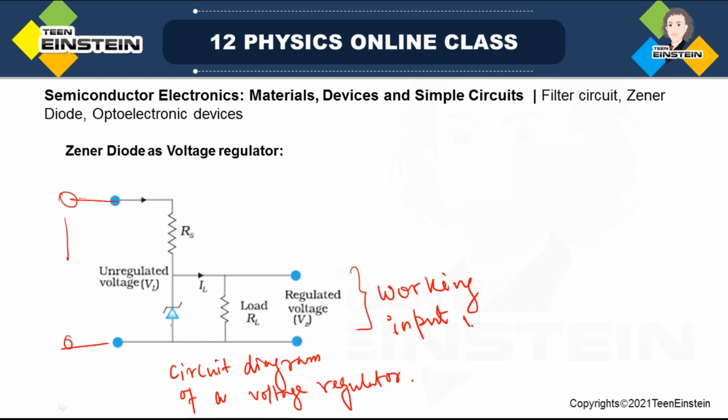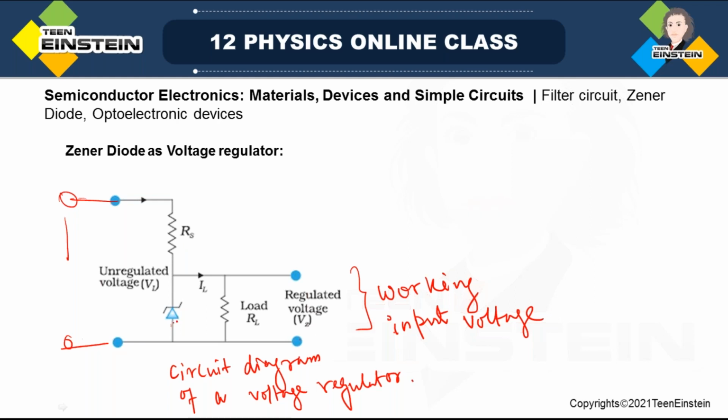Try to understand this. This is a voltage regulator circuit diagram where this unregulated supply voltage is fed to this particular circuit. One Zener diode, and with the Zener diode there should be a series resistor.